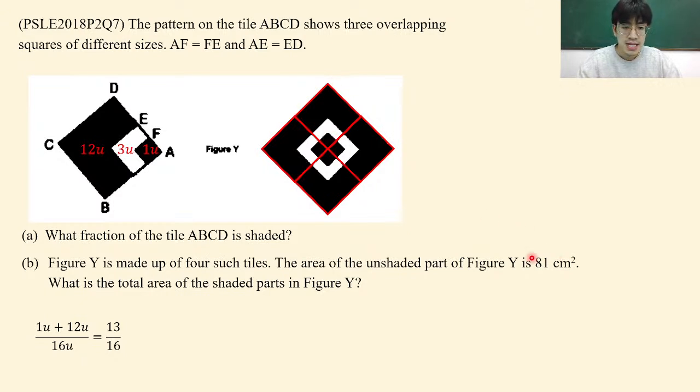So we see that this 81 centimeters squared corresponds to 3 units. And in order to find the total area, which has 16 units, we can simply take 81 divided by 3 multiplied by 16 to get the total area of this figure Y, 432 centimeters squared. Now, that solves the second part of this problem.